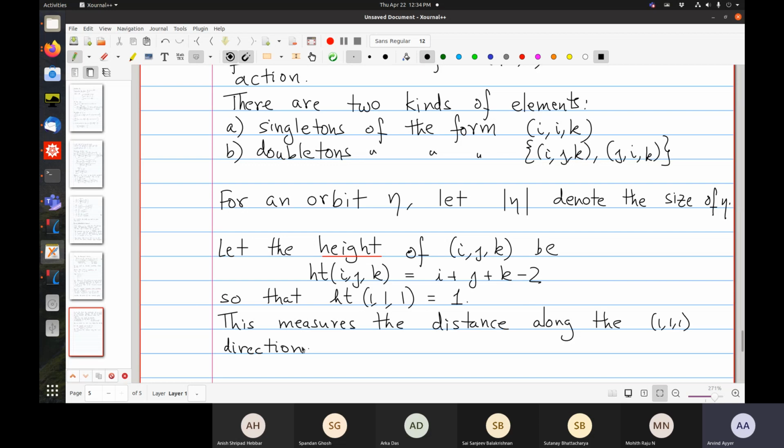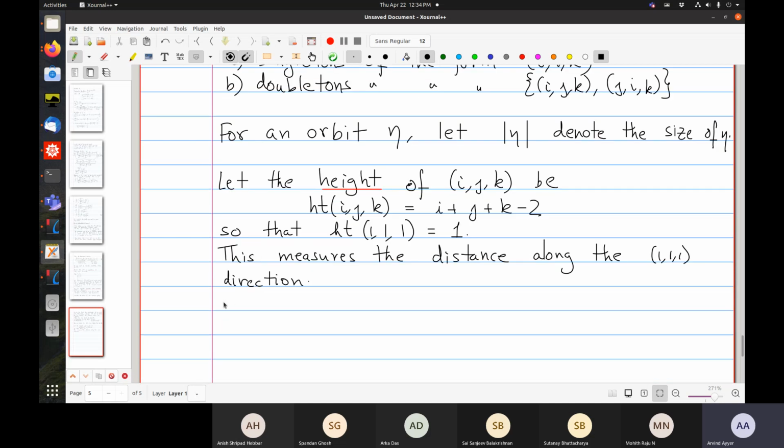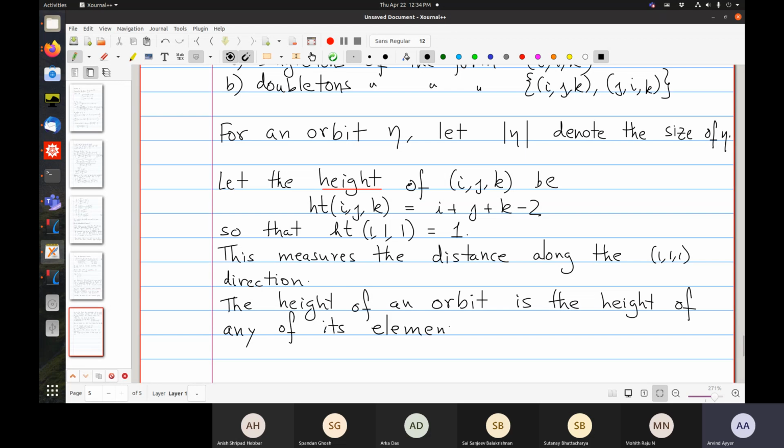And just to clarify, the height of an orbit is the height of any of its elements. At least in this case, you will see that it's the same.